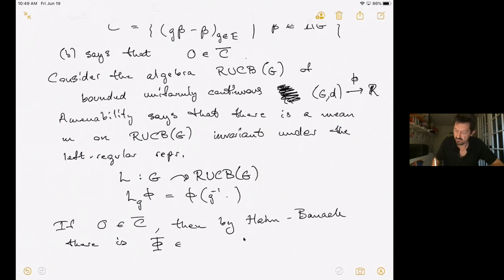So let's write out what this is. It's a sequence of linear functionals, really.